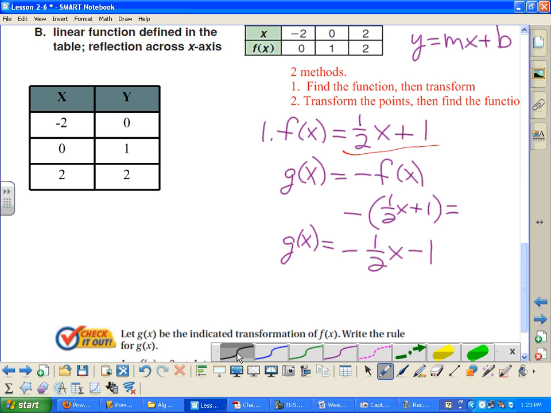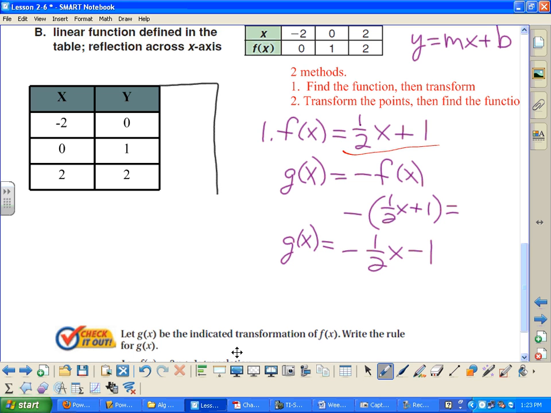So if I add a column over here, this would be our g of x, right? y2 or g of x. So we are transforming the points first. So we're doing a reflection across the x-axis. So we said all the y values change signs.